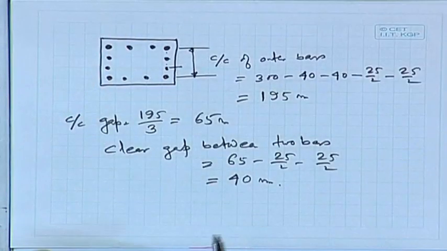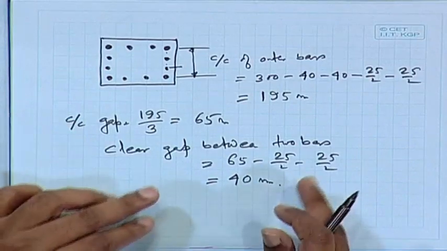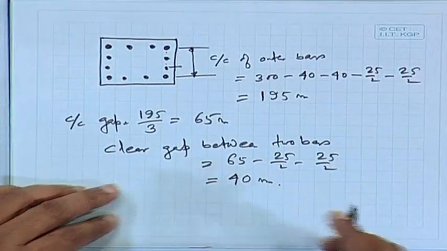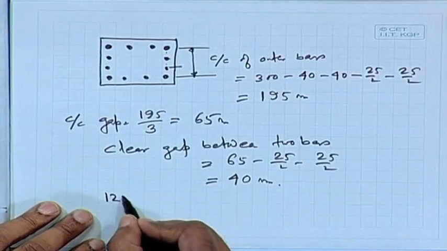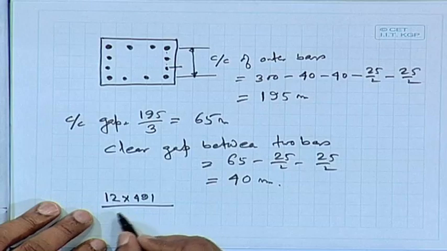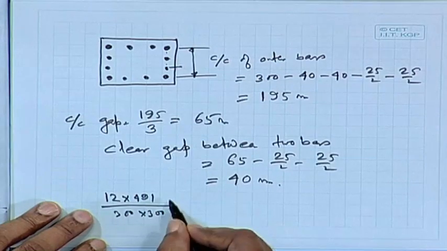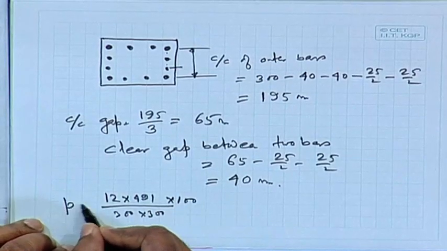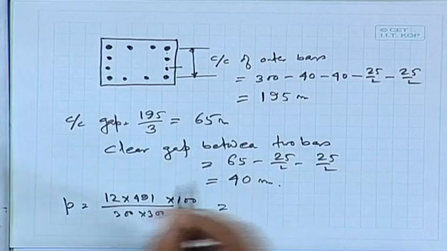So, even if we say that 6 bars will be there, the percentage of steel will still increase. Here we are getting 6 point certain percentage. I am not talking about the code provision. So, 6.29%. So, it will be 9% then, because 50% of that will also be there. If there are 12 bars, 12 into 491 divided by 300 into 300 times 100 is the percentage of steel provided in this case.